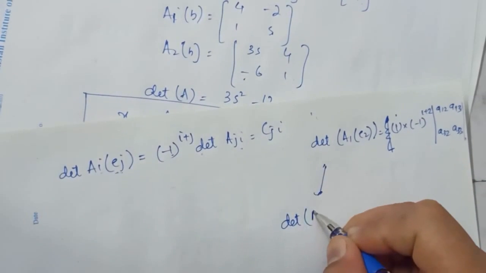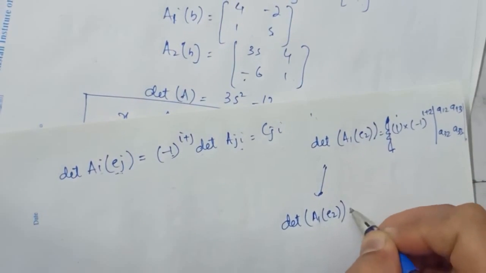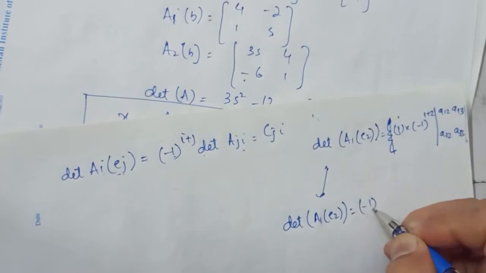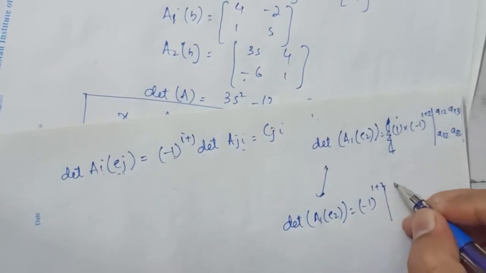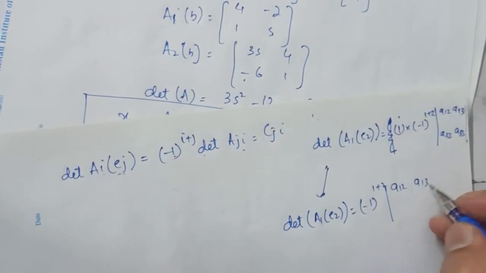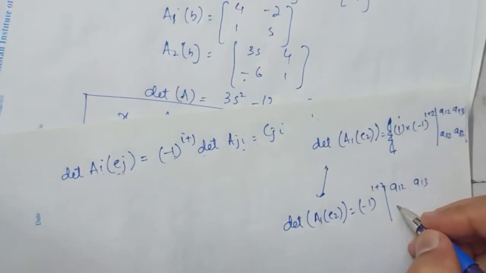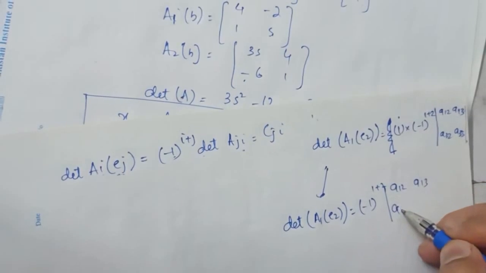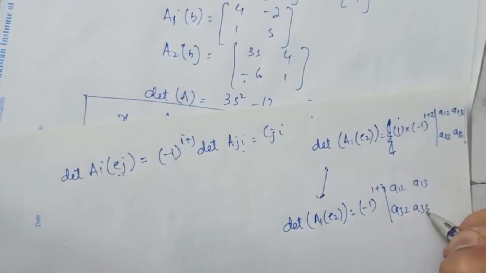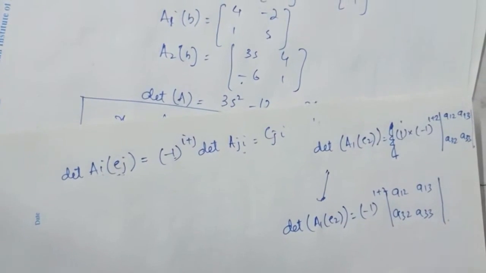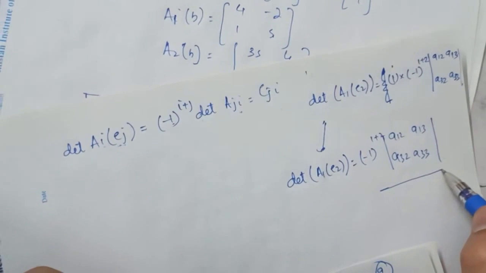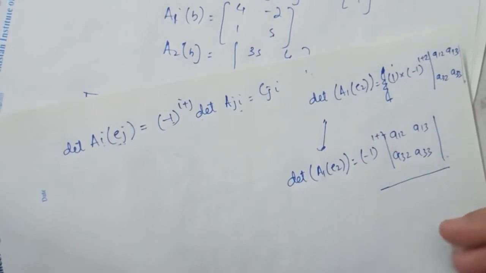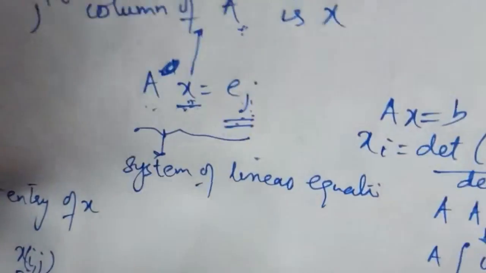The determinant of A1 E2 is equal to (-1)^(1+2) times the determinant of A12, A13, A32 and A33. So in normal circumstances, where do you think this cofactor comes from, for a matrix A given over here?